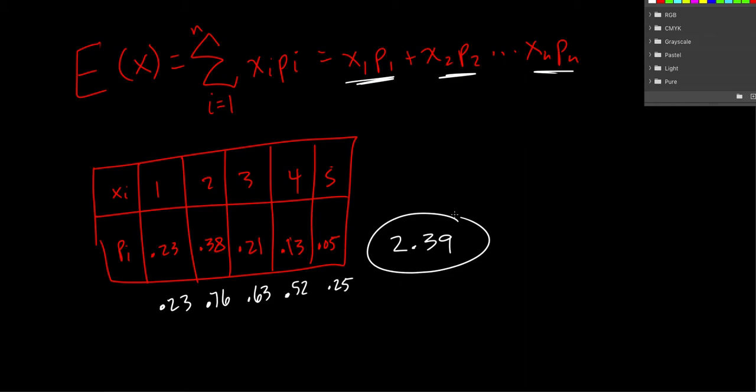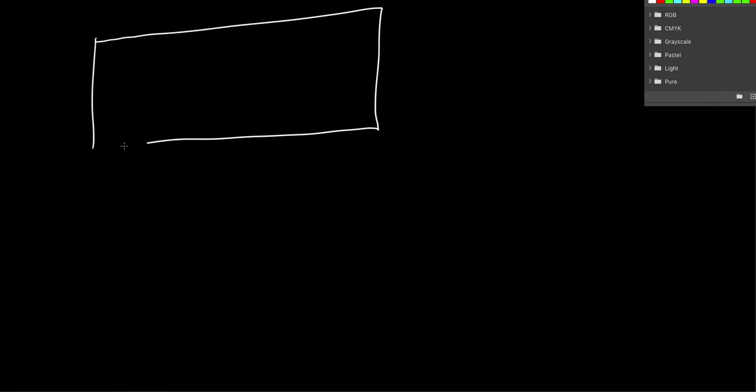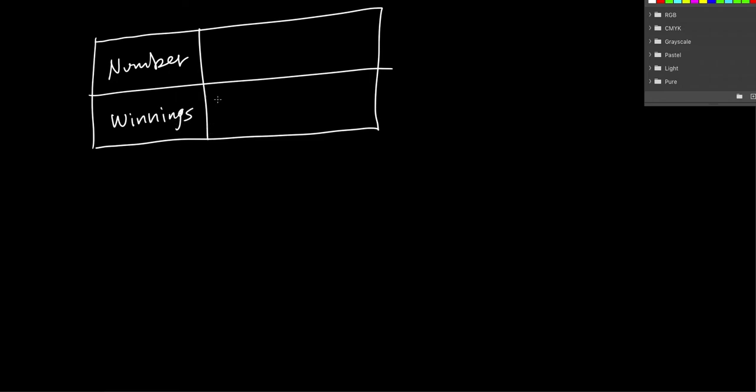Okay, so the next one says, in a game of chance, a player spins a square spinner labeled 1, 2, 3, and 4. And then here are the outcomes. If you get a 1, you get $1.